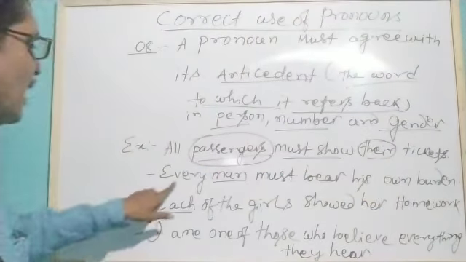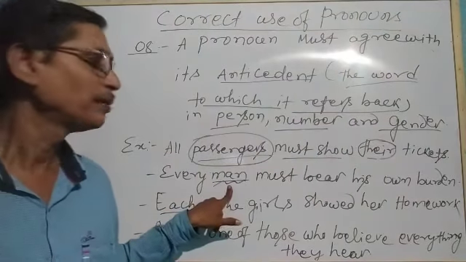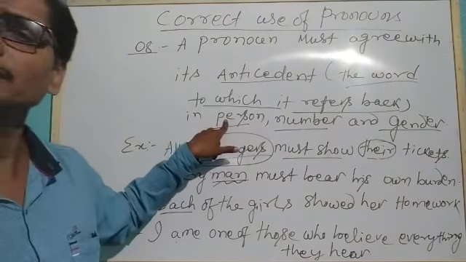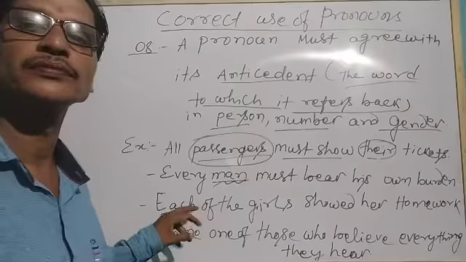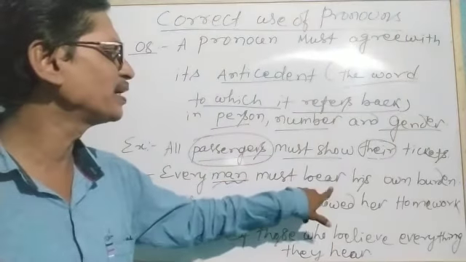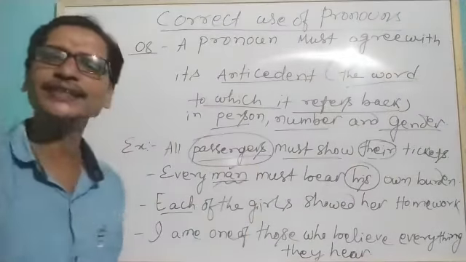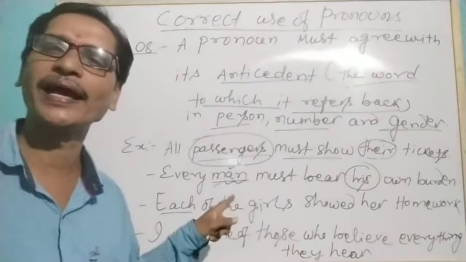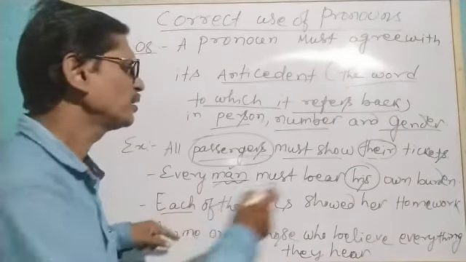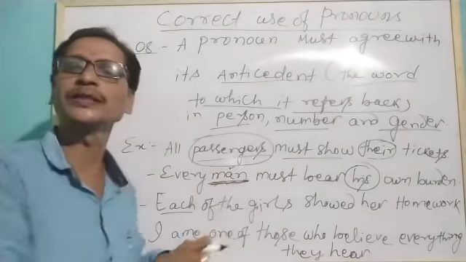Okay, next, every man. Here you are talking about a man. Man is a person, singular person. The next example, every man must bear his. You see, the antecedent over here is the man. Therefore, this pronoun refers back to the man.